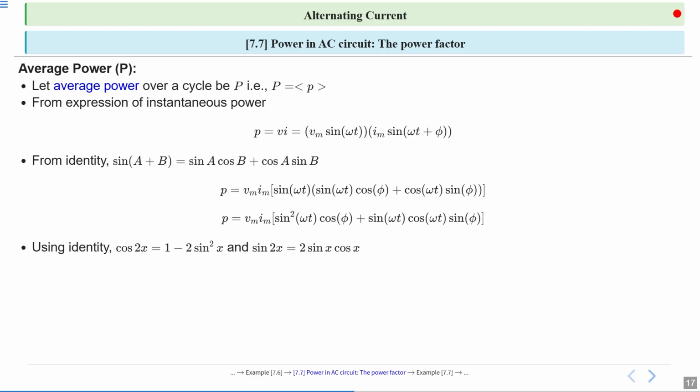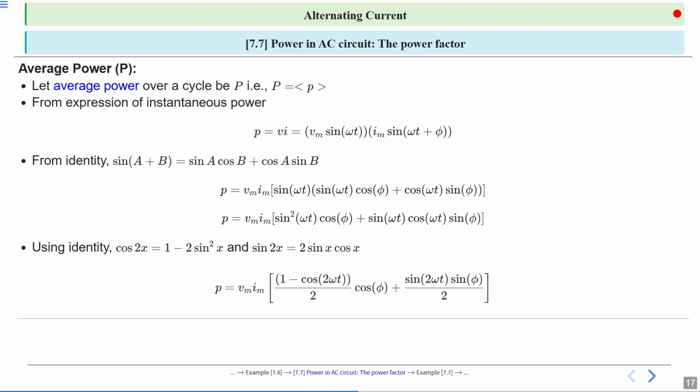So sin square omega t becomes (1 minus cos 2 omega t) upon 2. In the second term, sin omega t cos omega t, if we multiply and divide by 2, it becomes 2 sin omega t cos omega t, which results in sin 2 omega t upon 2. So after using these identities, sin square omega t becomes (1 minus cos 2 omega t) upon 2 multiplied by cos phi, plus sin 2 omega t multiplied by sin phi upon 2.